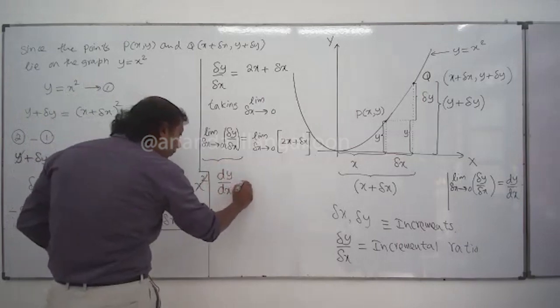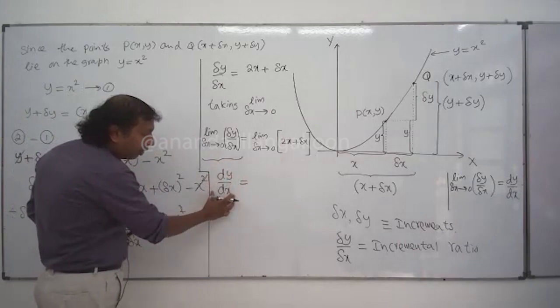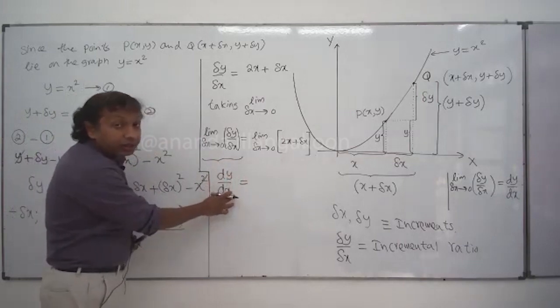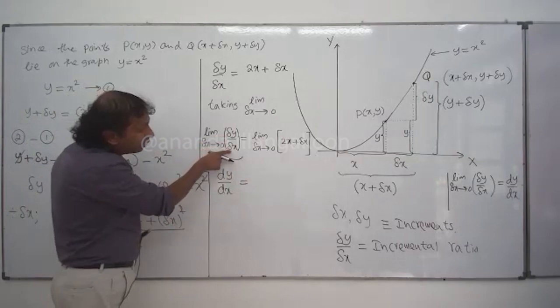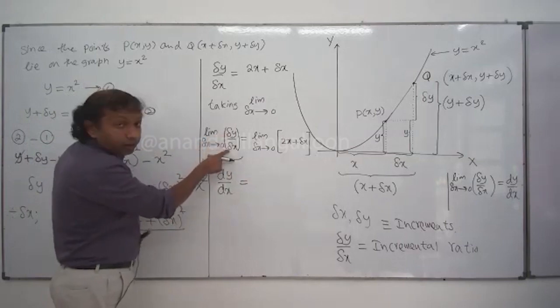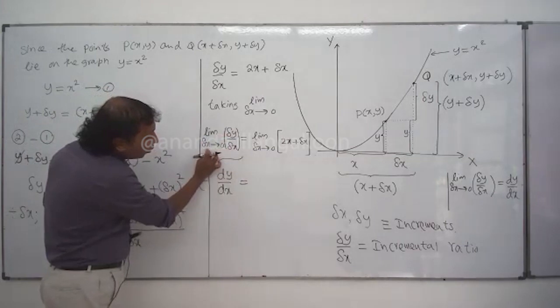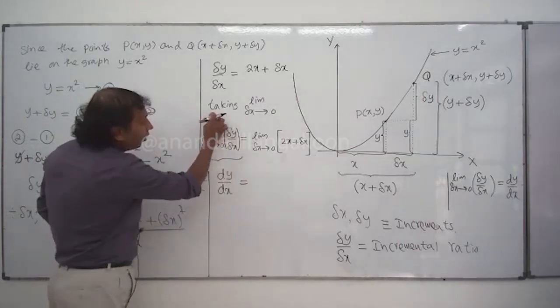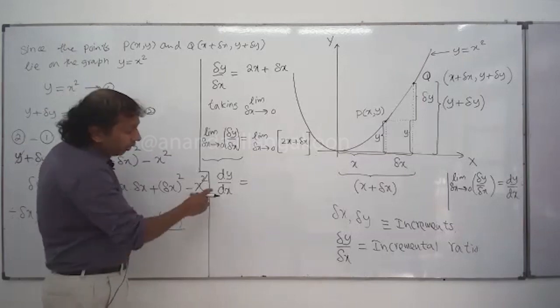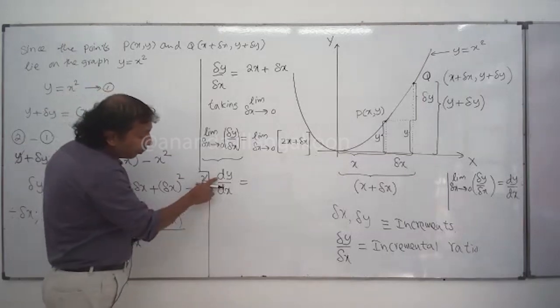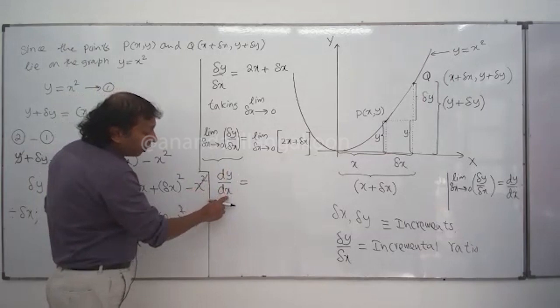So people remember, whenever we write dy by dx for something, that thing should be in the form delta y by delta x. This is the incremental ratio. The denominator should go to 0. Then for that thing only, we write dy by dx. Okay. This stands for derivative of y relative to x.